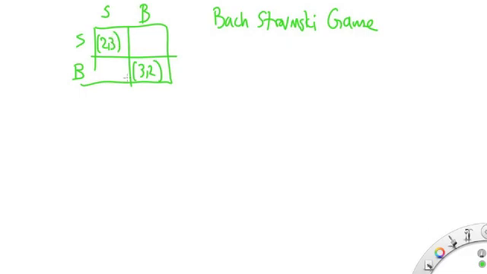And if they both play Bach, again they get non-zero reward, but this time with the row player getting the higher reward. And this is supposed to model the idea of the two of us going to show up for a concert together, and we'd rather be together than not be together, but I, the row player, like Bach better, and you, the column player, like Stravinsky better.